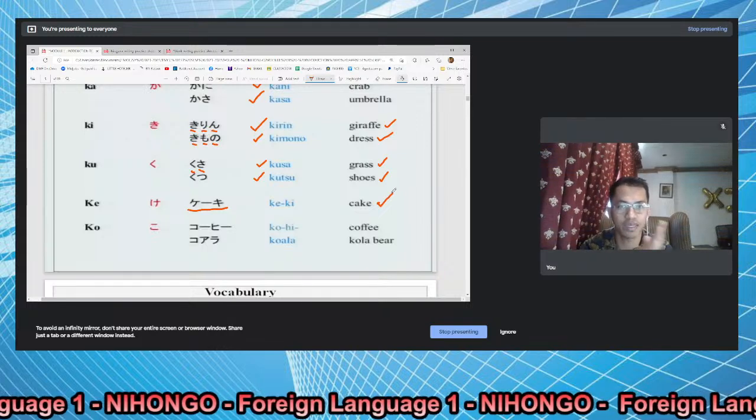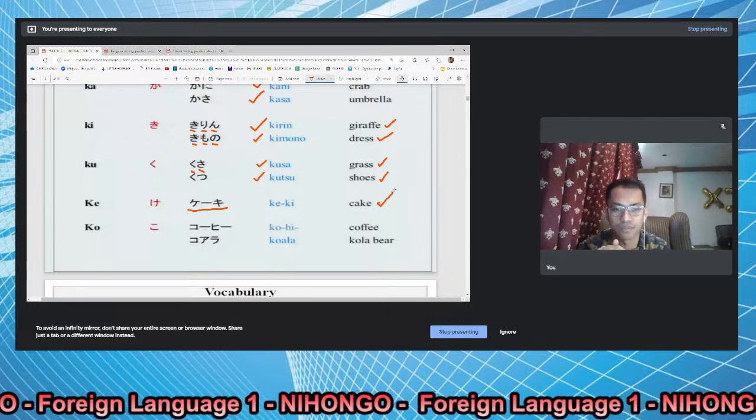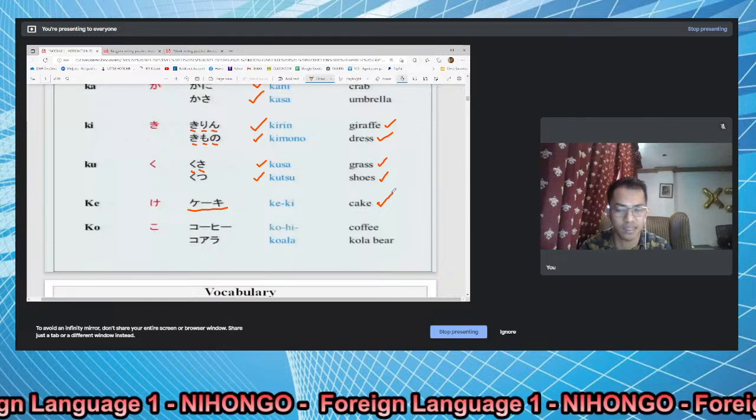So they use katakana characters to identify this particular word, cake, keki.